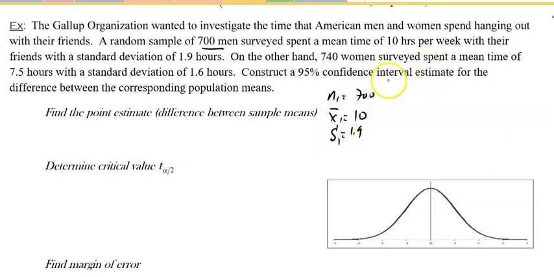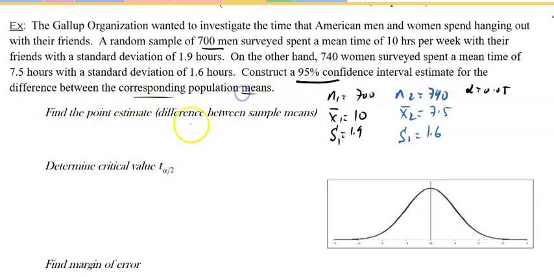And on the other hand, out of 740 women, the mean time was 7.5 hours, and their standard deviation happened to be 1.6. Construct a 95% confidence interval for the difference between the corresponding population means.